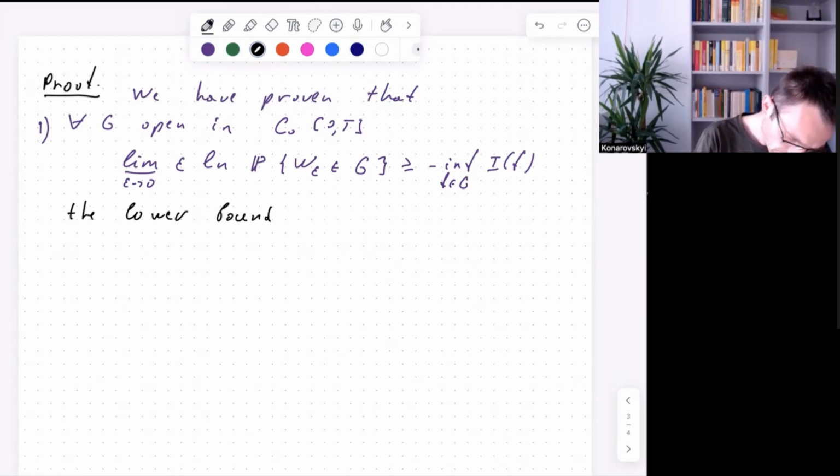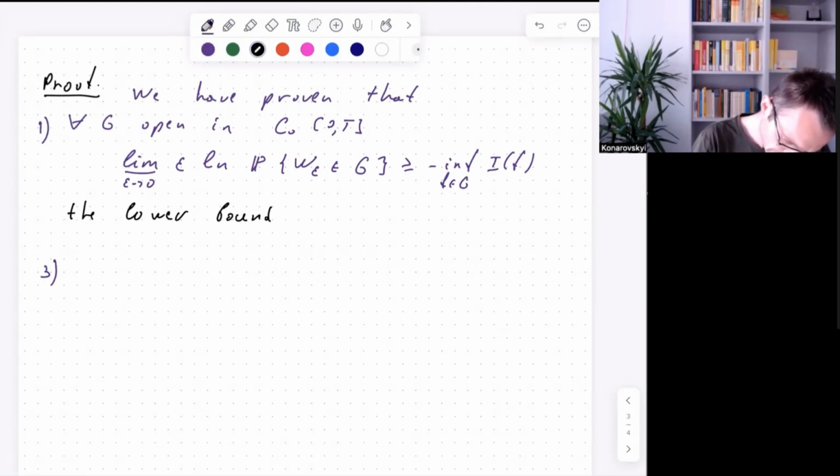And we also started proving the upper bound, but only the upper bound for compact sets, which should follow from the following inequality.